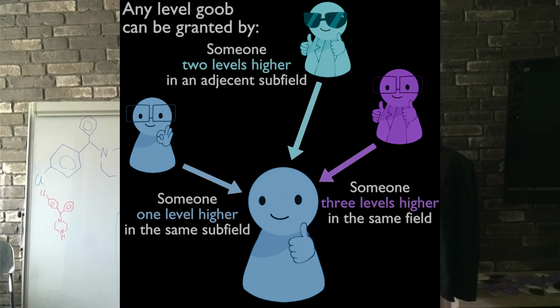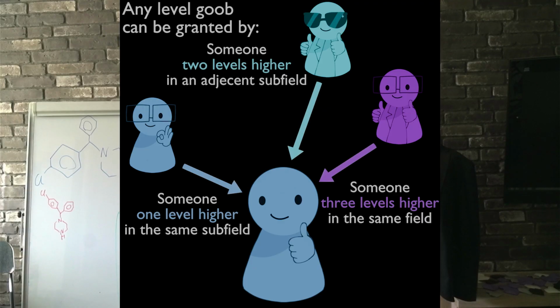That's not fully implemented yet, eventually it will be, but the basic idea is that adjacent subfields are subfields that are similar. So if you are looking for level 5 in classical mechanics, then you could be verified by someone with level 7 in, for example, fluid mechanics, if we define fluid mechanics as adjacent to classical mechanics. And then finally, it can also be verified by someone 3 levels higher in the same field as a whole.